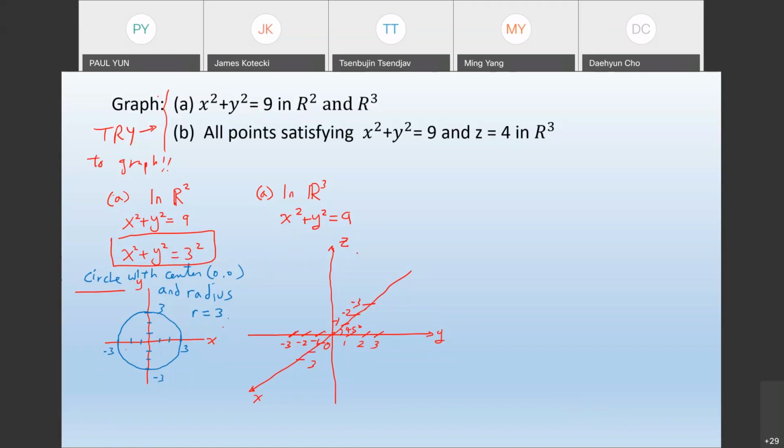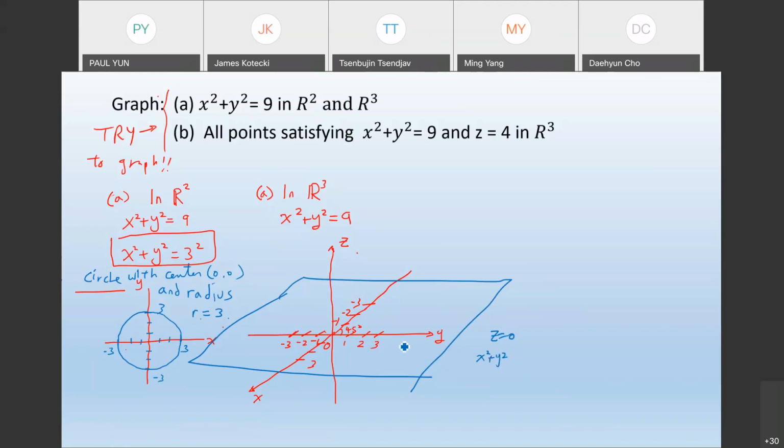And then do this way. When z equals 0, what do you call this? It's on the ground. On the ground here. On the ground, right? Z equals 0. X squared plus Y squared equals 3 squared.